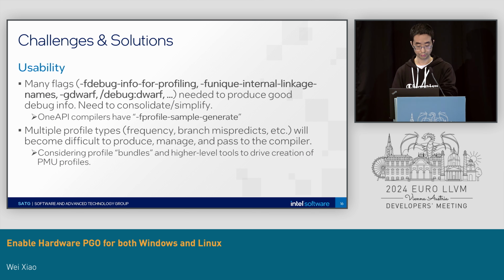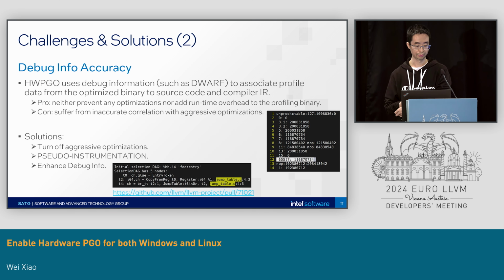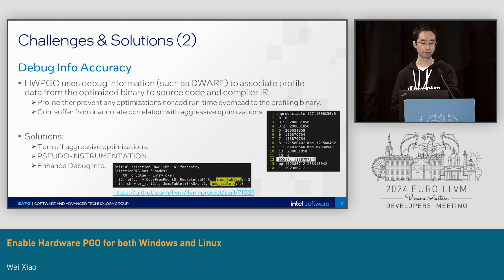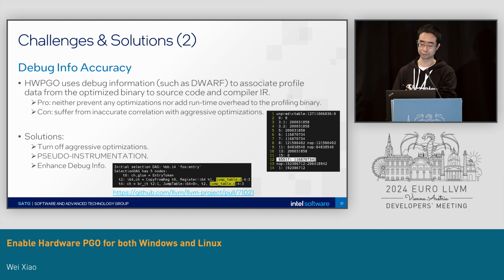The second challenge is about the debug information accuracy. As you know, hardware PGO uses debug information to associate compiler profile data back to the compiler IR, but it suffers from the inaccuracy problem caused by the optimization. Yes, we can turn off this optimization, but it will impact the performance.